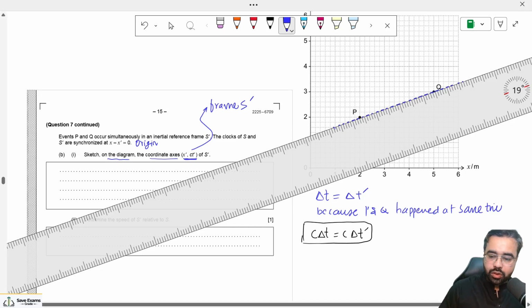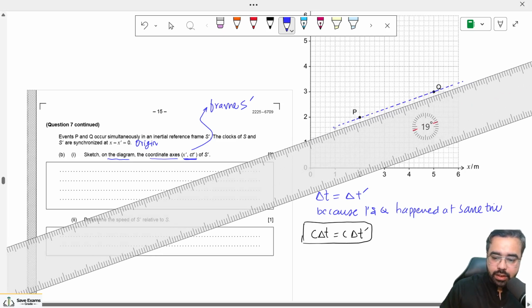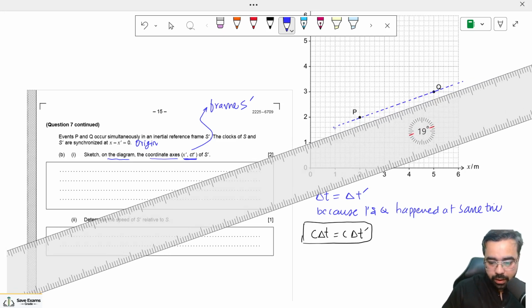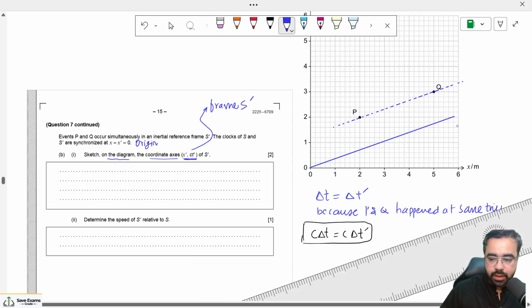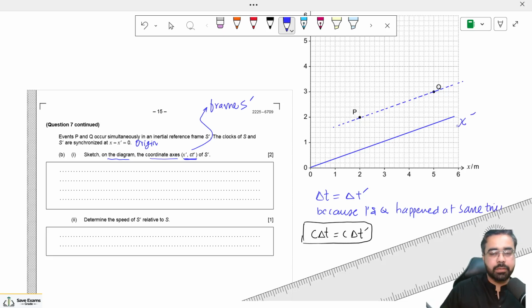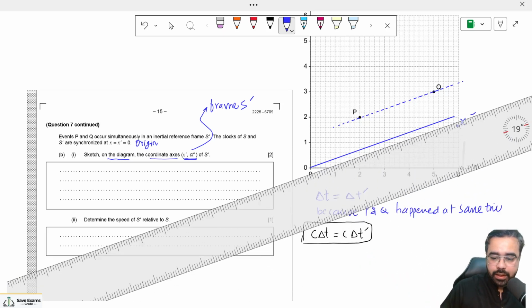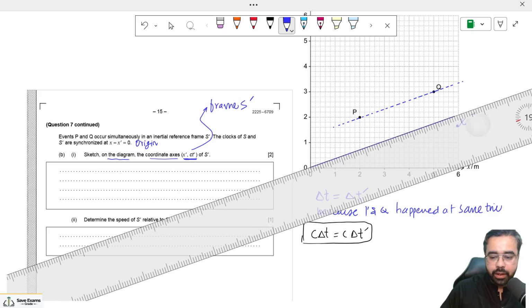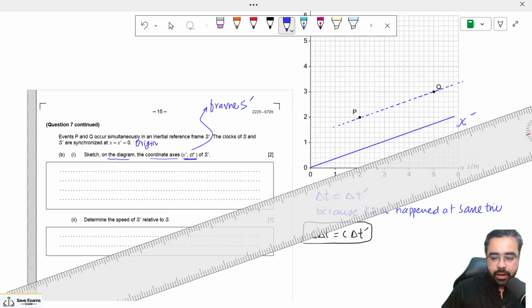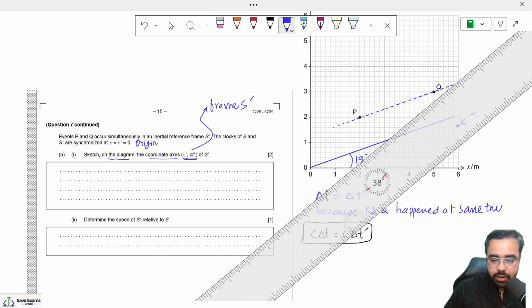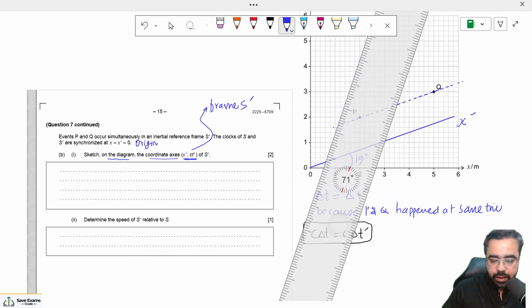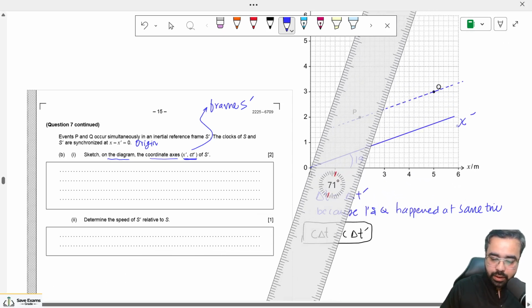Now you can see that this angle is 19 degrees. So if I start it from the origin, it is clearly giving us what? Yes, you thought correctly, it's the x prime axis. Now you can see that this dotted line and this line are parallel, and if it is 19 degrees from here, then I must draw 19 degrees from the y-axis, which means it will make 71 degrees from the x-axis.